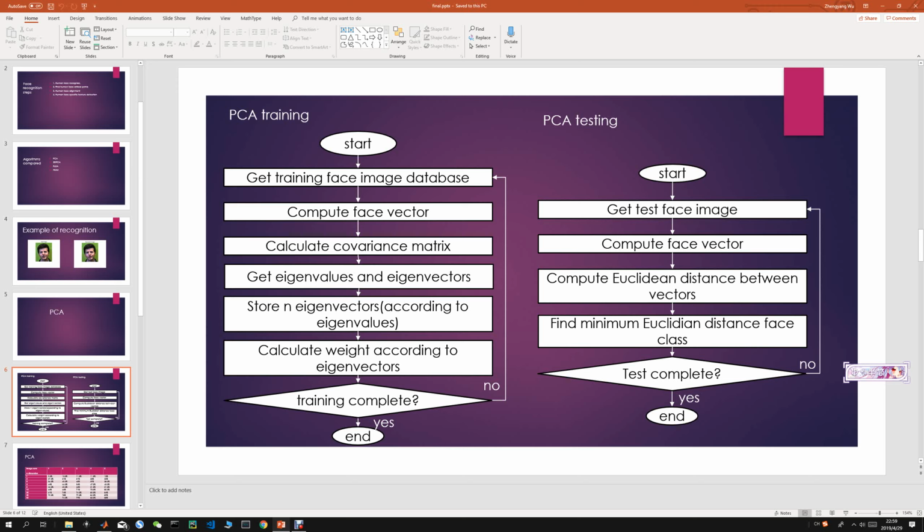First of all, we get the initial face image database and compute the face vectors of each person. Then we calculate the covariance matrix and get the eigenvalues and eigenvectors to determine the eigenfaces.